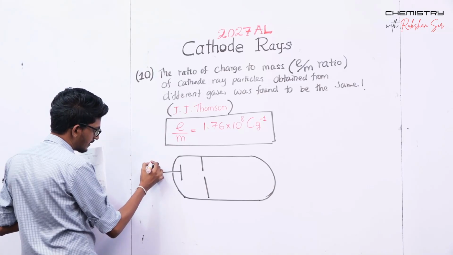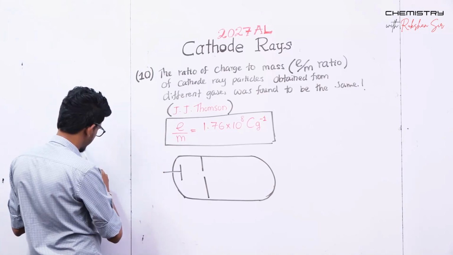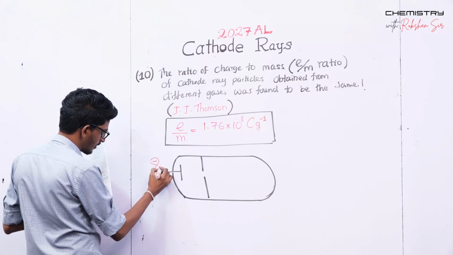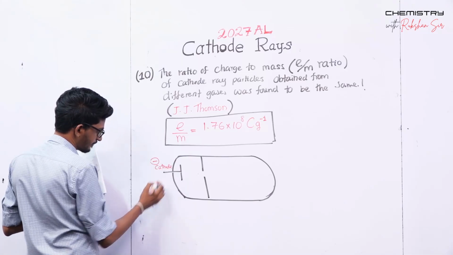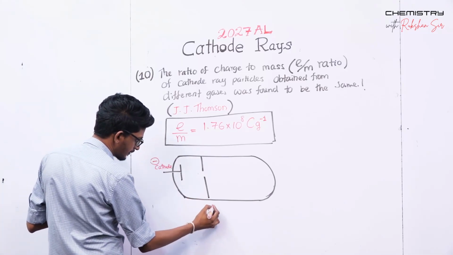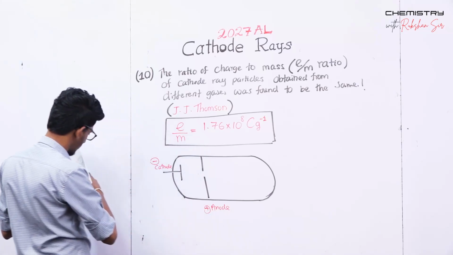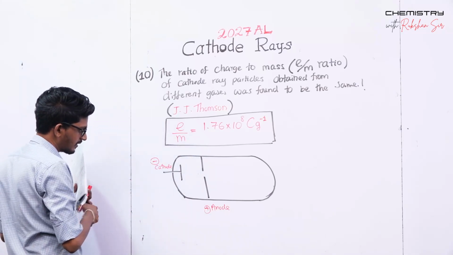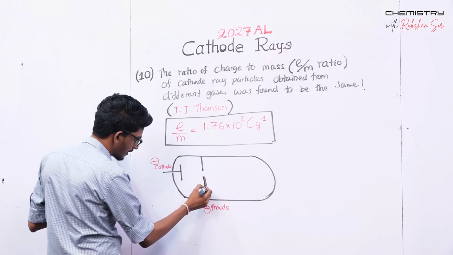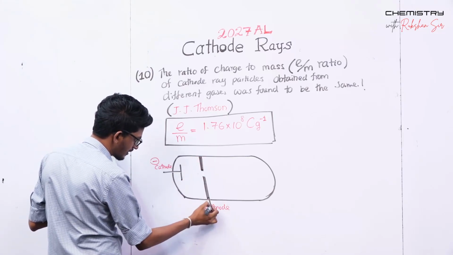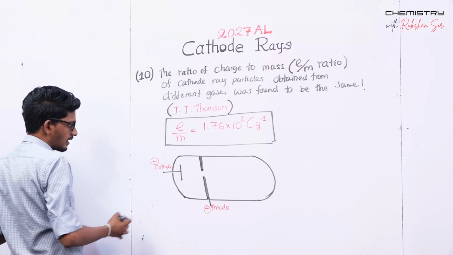So this is your cathode, this is your anode. This is just the setup which we earlier used to explain that cathode rays are negatively charged particles. The same setup.